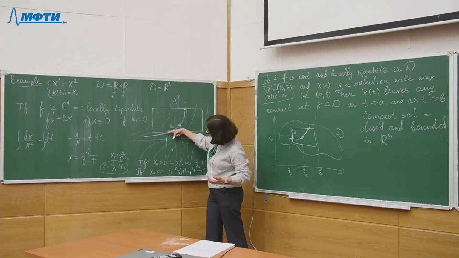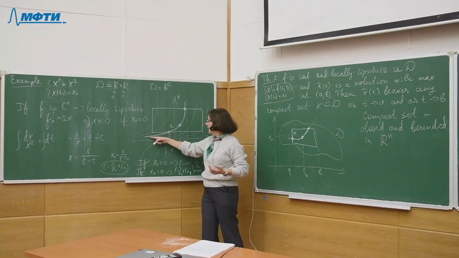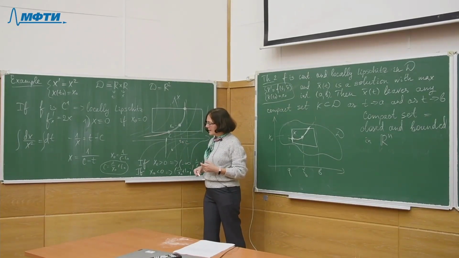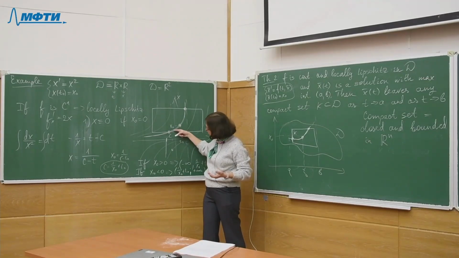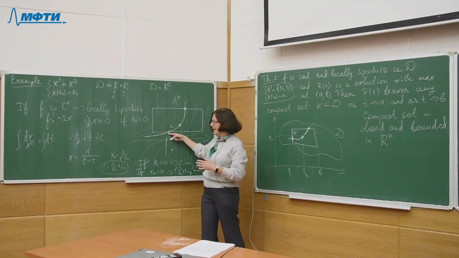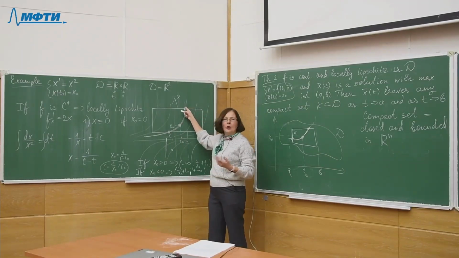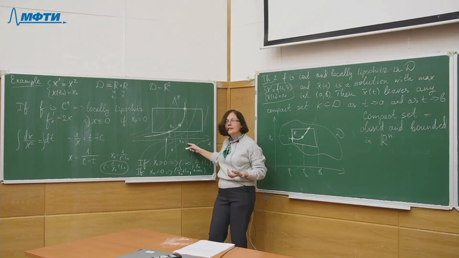As t approaches negative infinity, these points are outside of this compact set, right? The trajectory leaves our compact set as t approaches negative infinity, and it leaves our compact set as t approaches c, right?